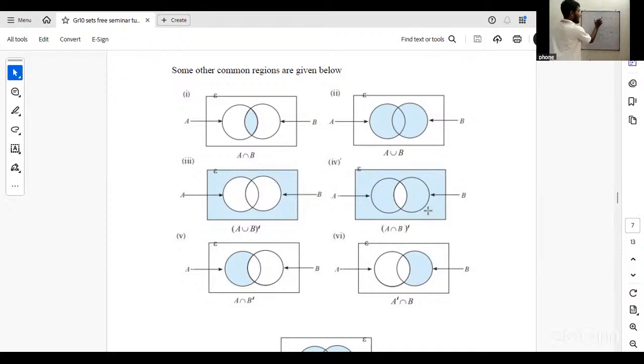That means you can't draw that, because of this one, not this one. That is what you call the complement of A in this region.